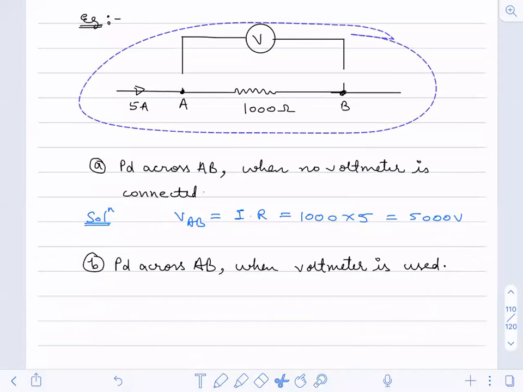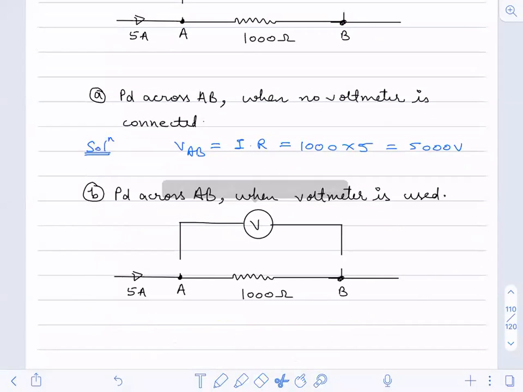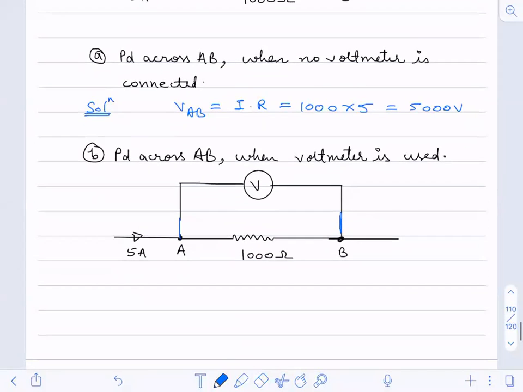Now if I take this, and this voltmeter is connected like this, and 5 ampere is passing here, and suppose 4.99 ampere is passing here, and the current passing through the voltmeter is very, very small but still a current passes there. What is the potential difference across AB?